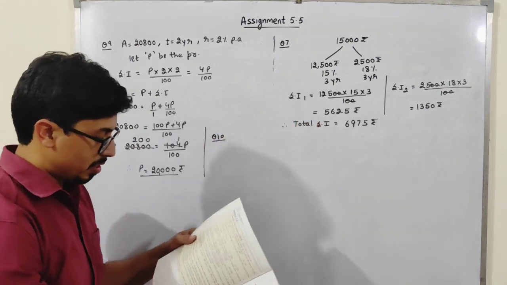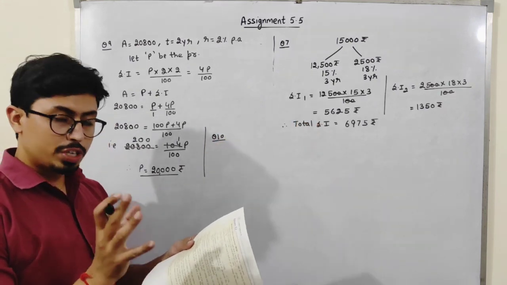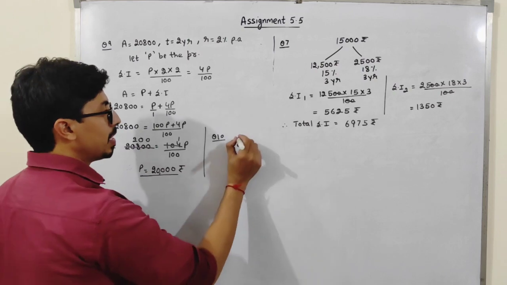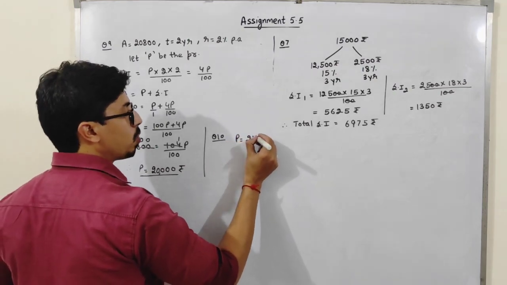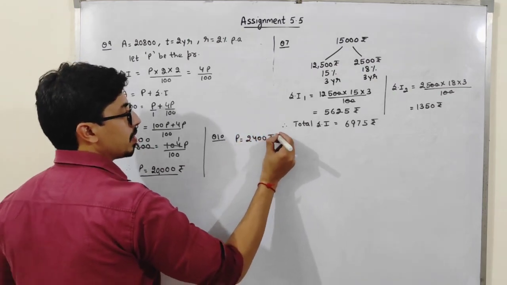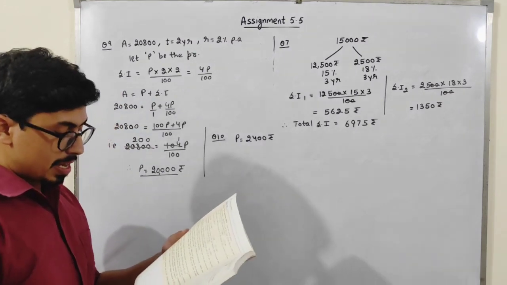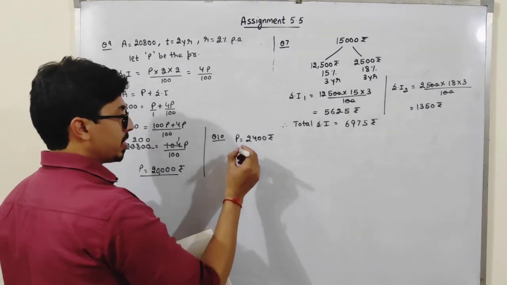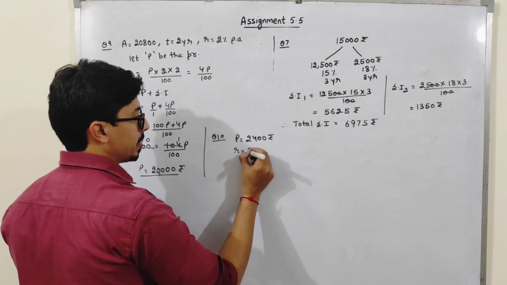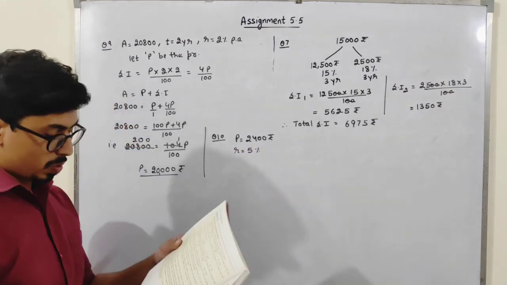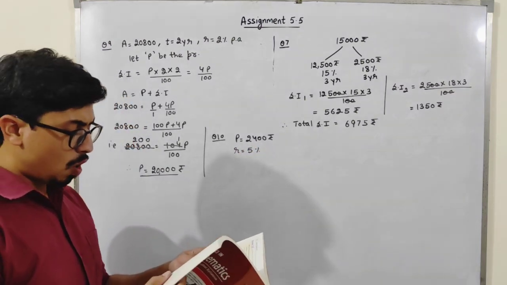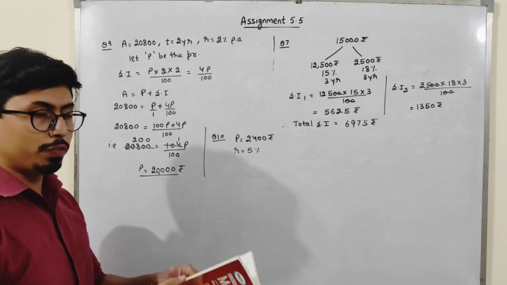See what is given to us, students. You have 2,400 in your account. That means the principal is 2,400 rupees, at an interest rate of 5%. After how many years will you get an interest of 240 rupees?